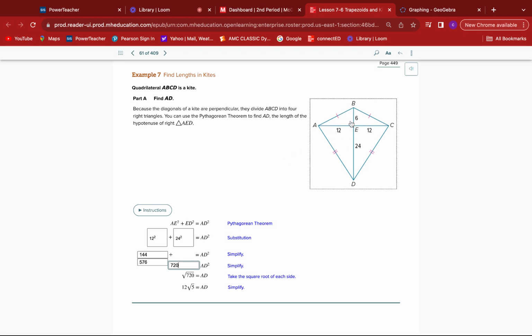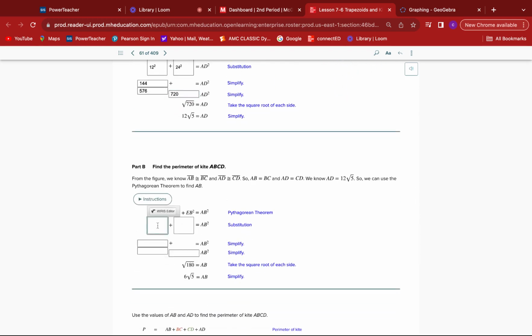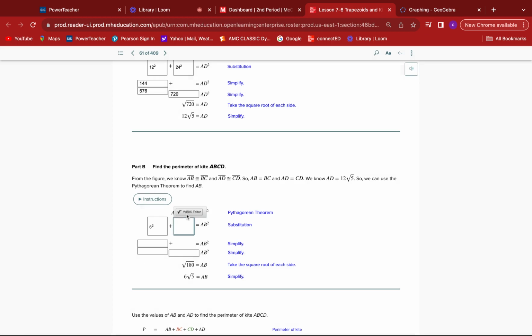So it looks like I'm going to do another Pythagorean theorem with the 6 and the 12 to find what AB is. Or I can do the 6 and the 12 to find what BC is. It's the same. All right, Pythagorean theorem. So it's going to be 6 squared plus 12 squared.